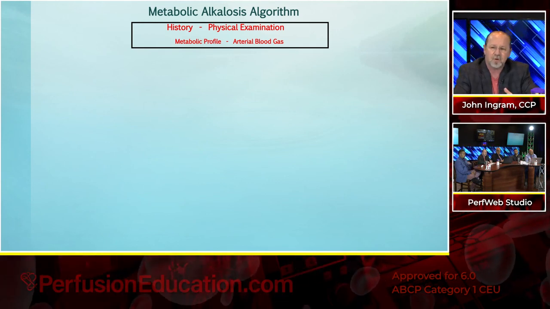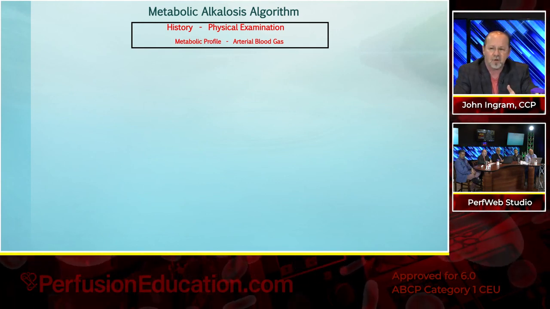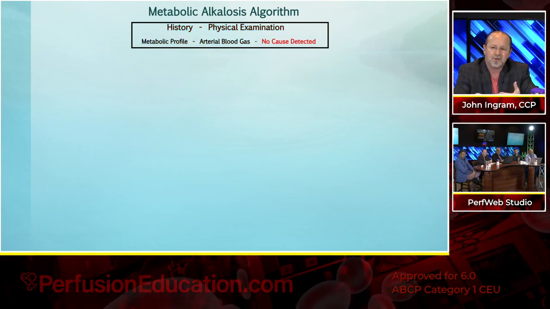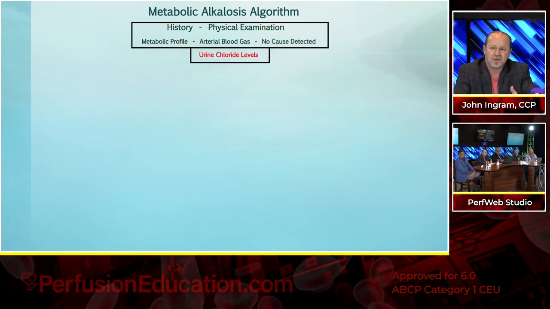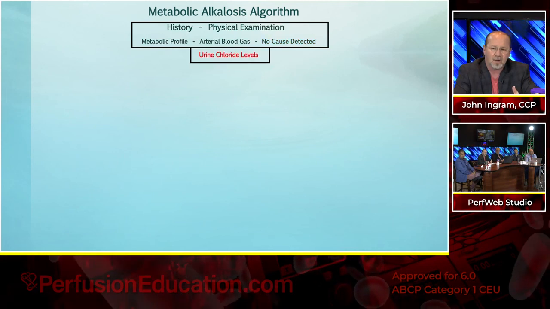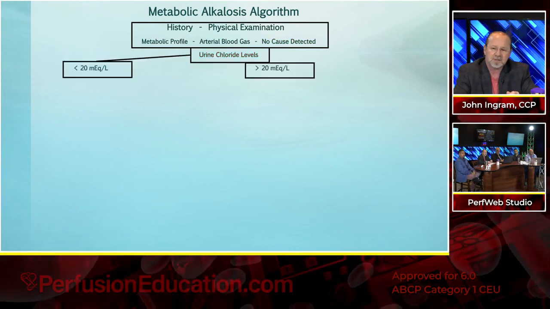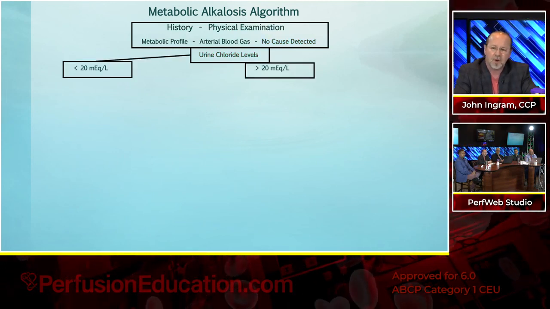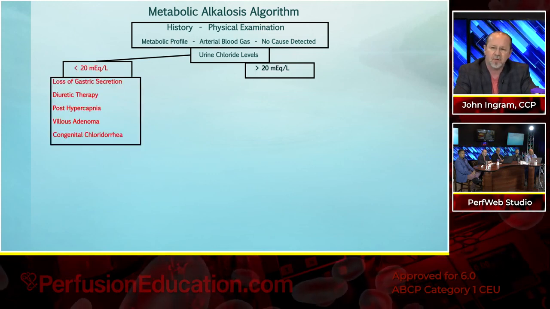So you're going to do your physical exam, your metabolic profile, your arterial blood gas, and if you still can't determine the cause, we need to look at urine chloride levels. Like I said, less than 20 milliequivalents goes in one direction, greater than 20 leads us in another.